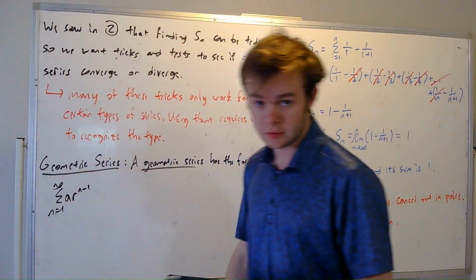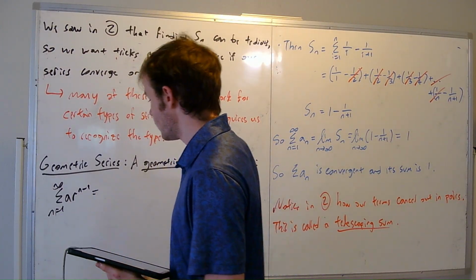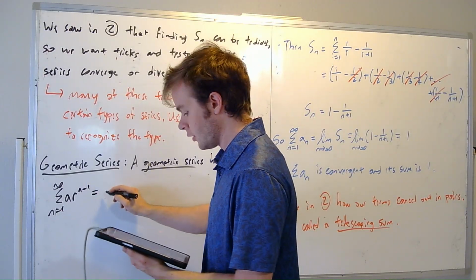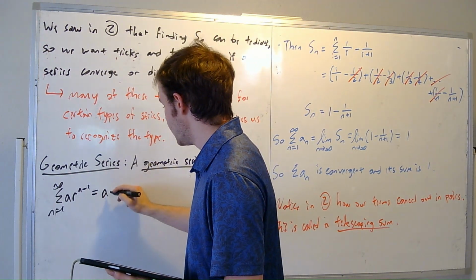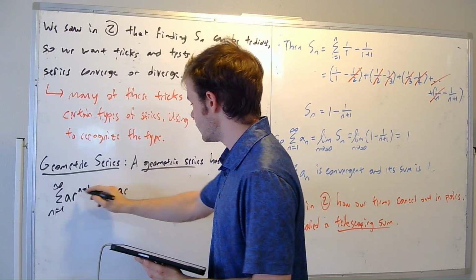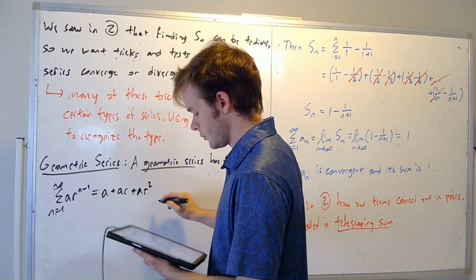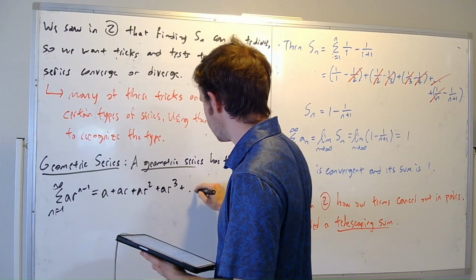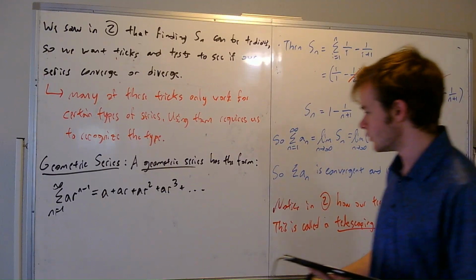Right, so if you see something that looks like this, we call it a geometric series. And if we write out exactly what this means for each value of n, so if we plug in n equals 1, r to the 1 minus 1, r to the 0 is just 1. So we're going to get a, plus a times r if we plug in n equals 2, plus a times r squared, plus a times r cubed, and then this is just going to keep going, right? So this is what our series is, where a is not equal to 0.